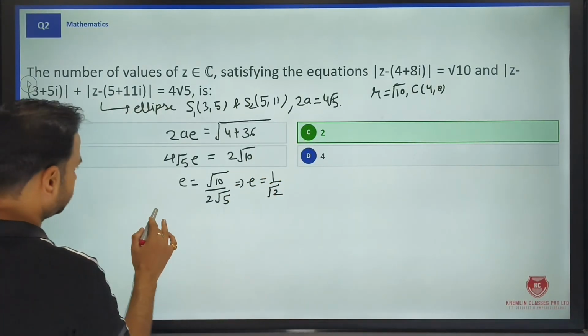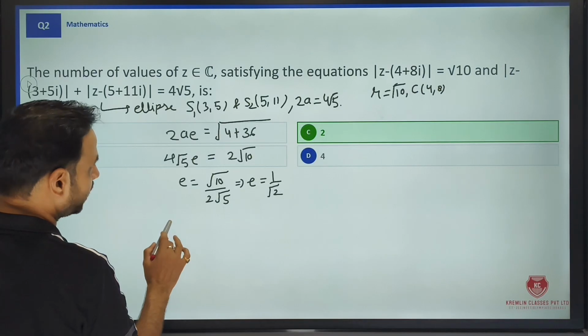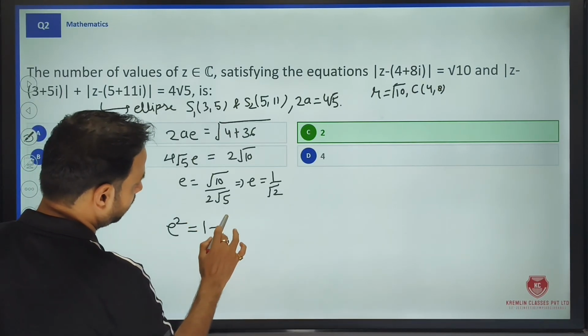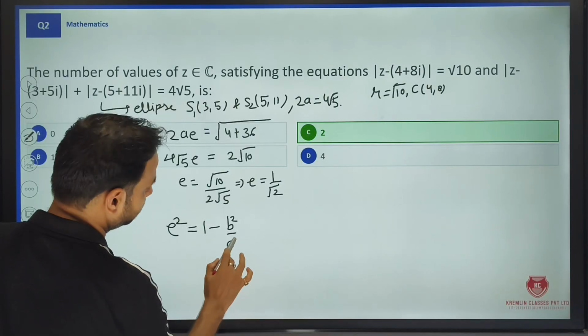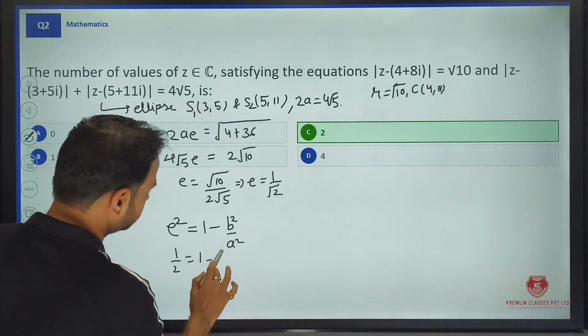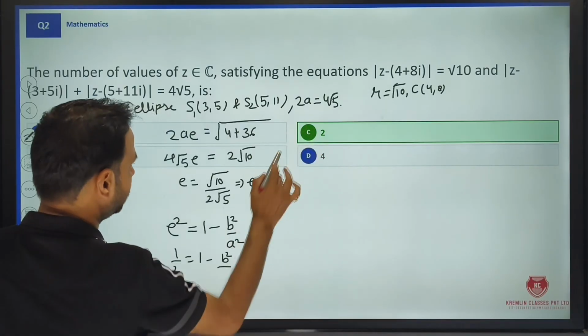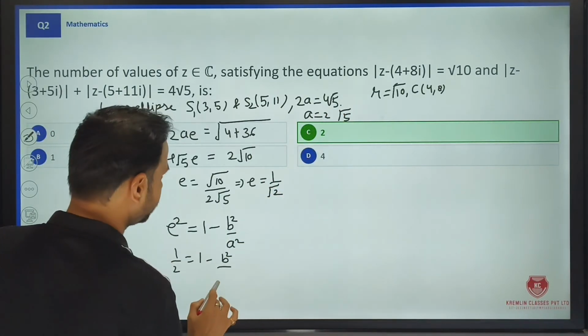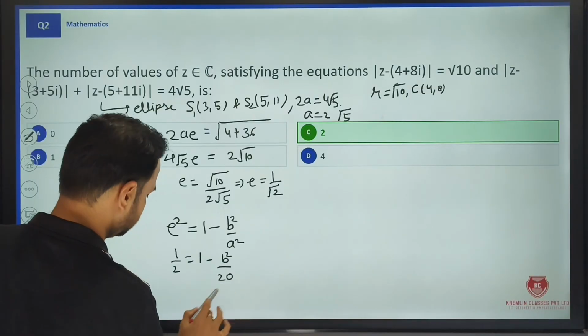So what about the semi-major axis and semi-minor axis of the ellipse? Let's use the formula of the ellipse: b squared over a squared, with eccentricity 1 by root 2, gives b squared equal to a squared times (1 - e squared). Here a is 2 root 5, so when we square it, 4 into 5 is 20.